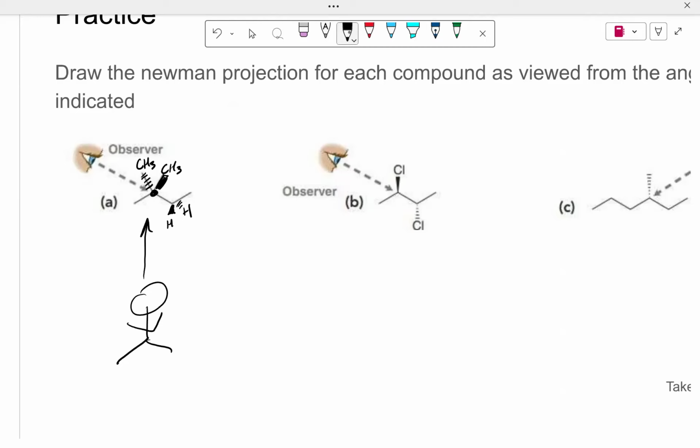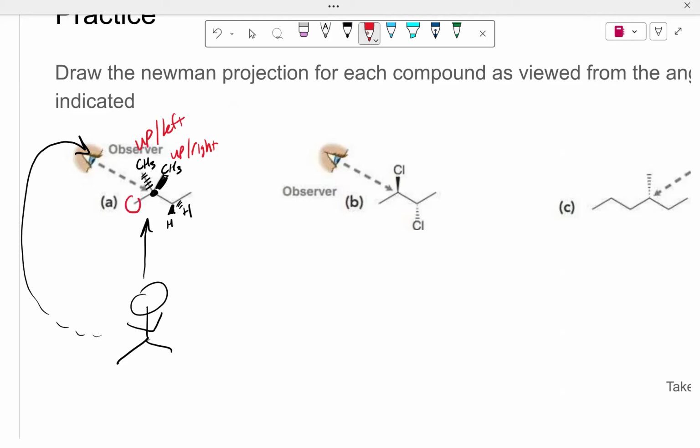Now what you're going to do is walk around and look at the compound from head on. That CH3 that had the solid wedge will now be up and to the right, and the CH3 with the dashed wedge would be up and to the left.